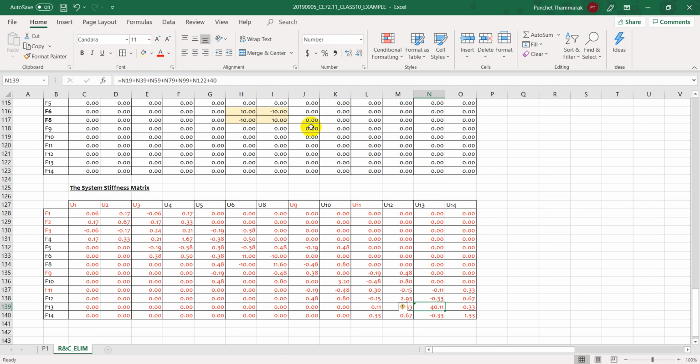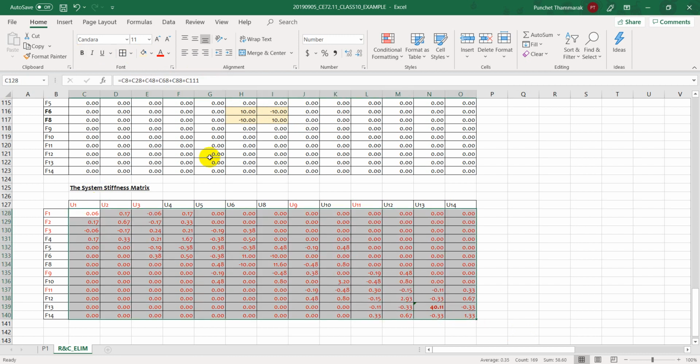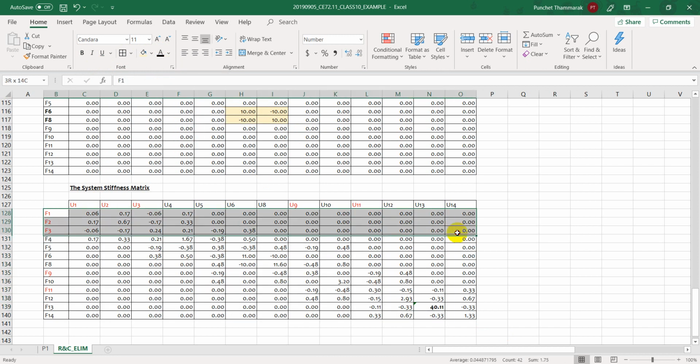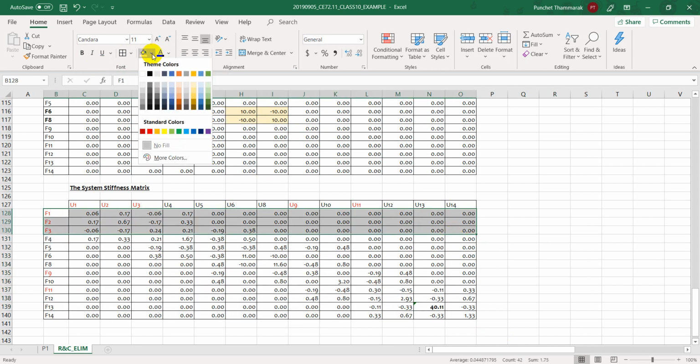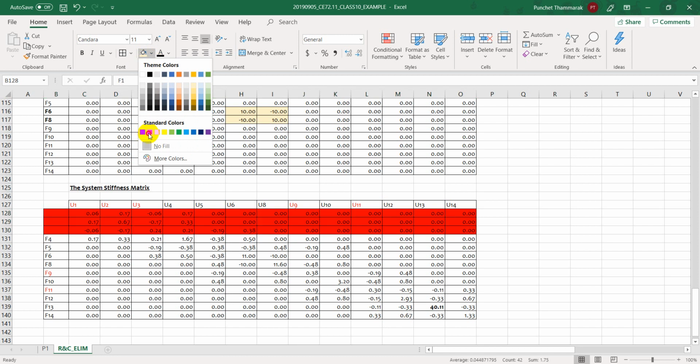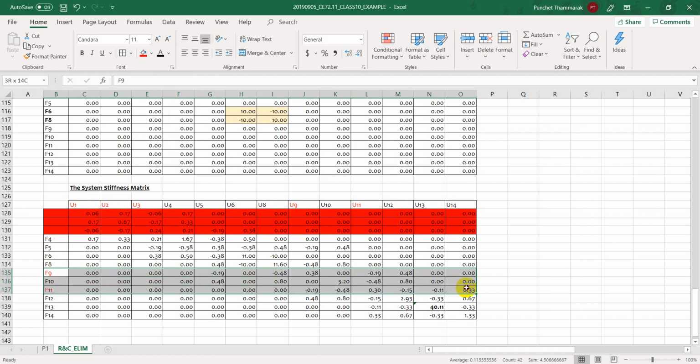Oh, okay, I got it. So I turn things black in here. I'll make it like this, maybe easier to see. Red.